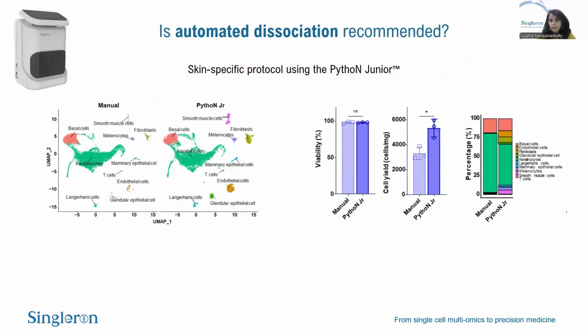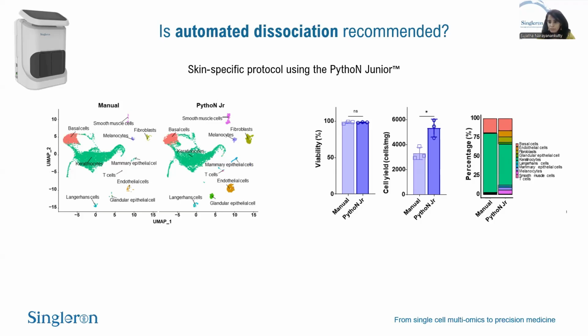So before I move on to the single cell part, the question would be, do you really need an automated dissociator, or can you actually just use manual ways to dissociate your sample? So here's just some data showing that if the same sample is put through a manual dissociation and a Python Junior or automated dissociator, you can see that though viability from both are quite high, you get a lot more cells from the Python Junior dissociation.